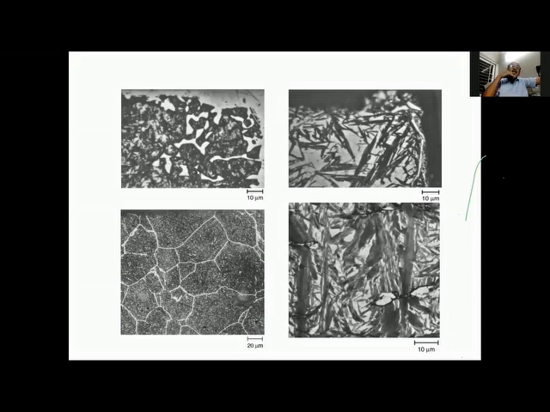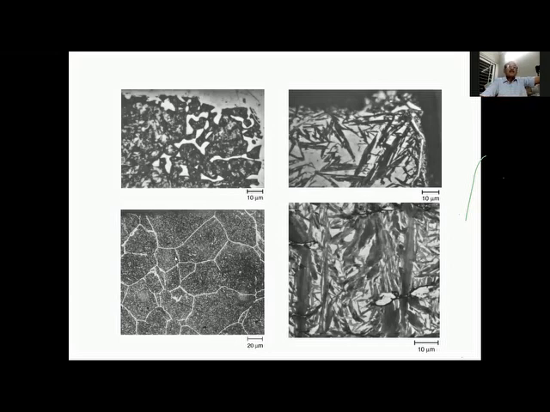The upper right slide shows formation of austenite in a greater percentage, as well as formation of carbides in plate form.